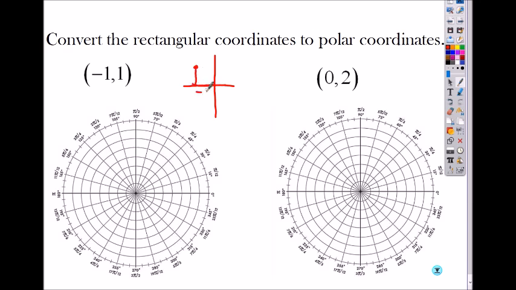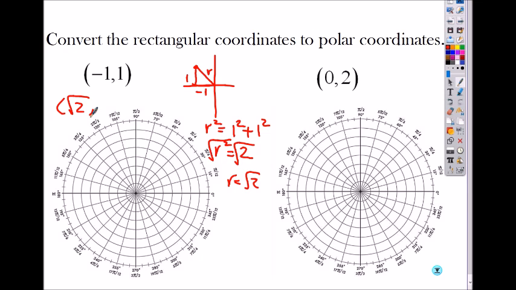This is negative 1 and 1. So r squared equals negative 1 squared, which is 1, plus 1 squared, which is 1. So r squared equals 1 plus 1, which is 2. So we get square root of 2.